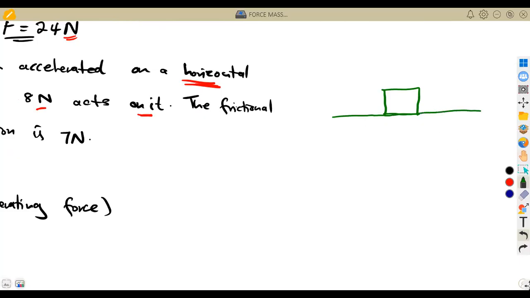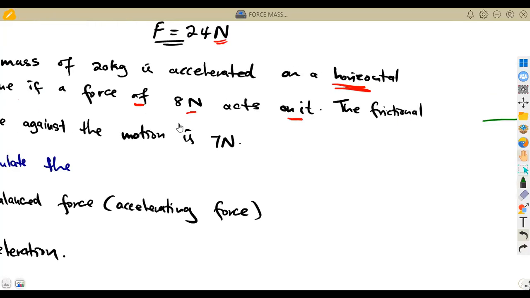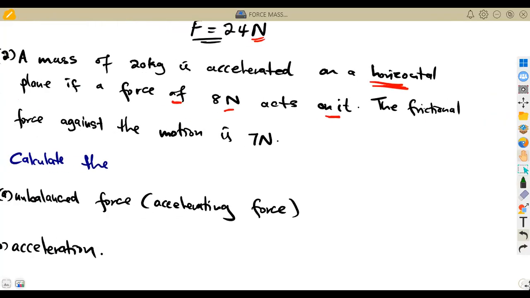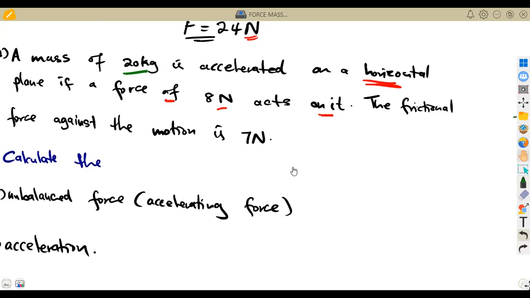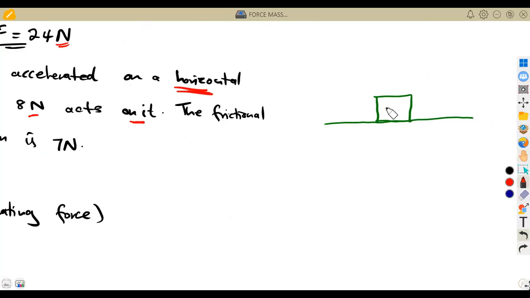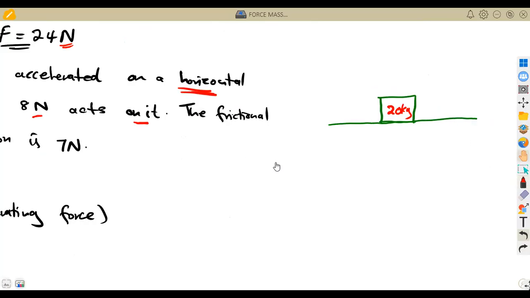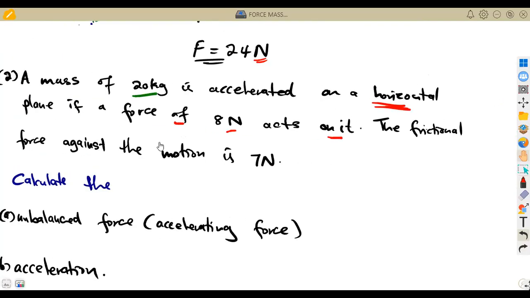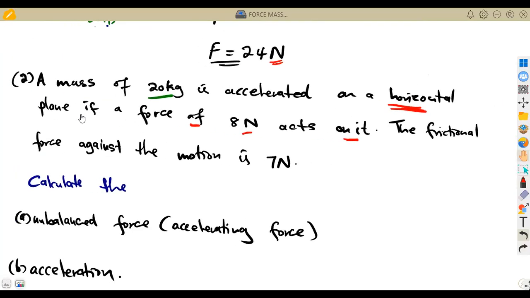So we are given that this body that we have, what is it that we are given? Its mass is what? 20 kgs. We are given the mass of this body being 20 kgs. So we can just write here 20 kgs inside. What else do we have? We are now given that there is a force that is applied here.